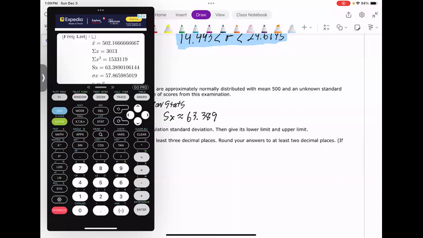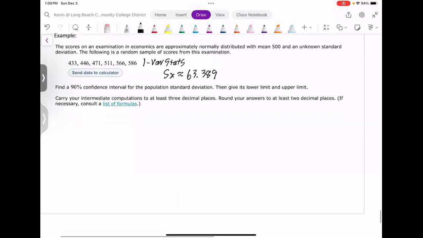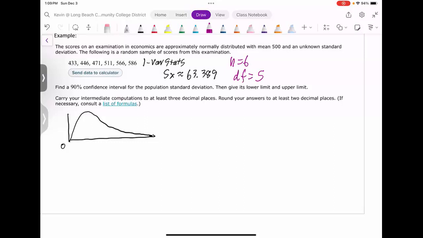I'm going to need to use that data in a moment, but first I need to find my critical values. By the way, just real quick, n in this case is 6, which means my degrees of freedom is 5. We're looking for a 90% confidence interval.